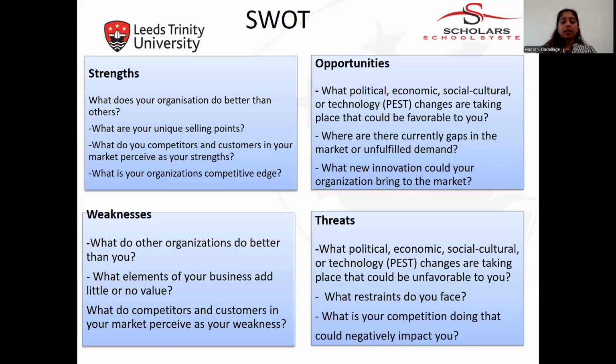Now let's elaborate more about strengths, weaknesses, opportunities, and threats. So starting with strengths. Strengths means what does your organization do better than others, or what are your unique selling points. And also we can say strengths are what your competitors and customers in your market perceive as your strong points.